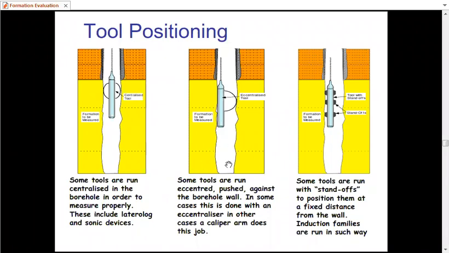The second configuration: some tools are run in an eccentric position, pushed against the borehole wall. In some cases this is done with an eccentralizer. In other cases, a caliper arm does this job. The caliper will drag or swell on one side, and the tool will be positioned on the other side.